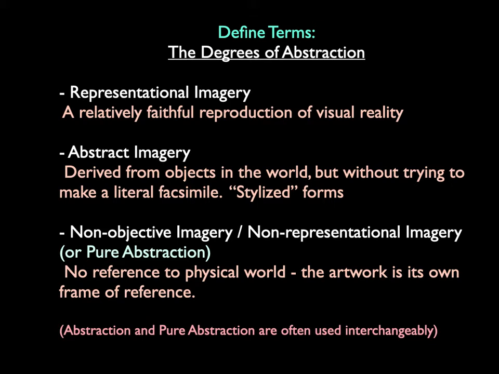And abstraction in that sense still looks like things. Imagine a stick figure, which would be a good example. It still looks like a person and represents a person. It's just a very simplified way of conveying the notion of person.